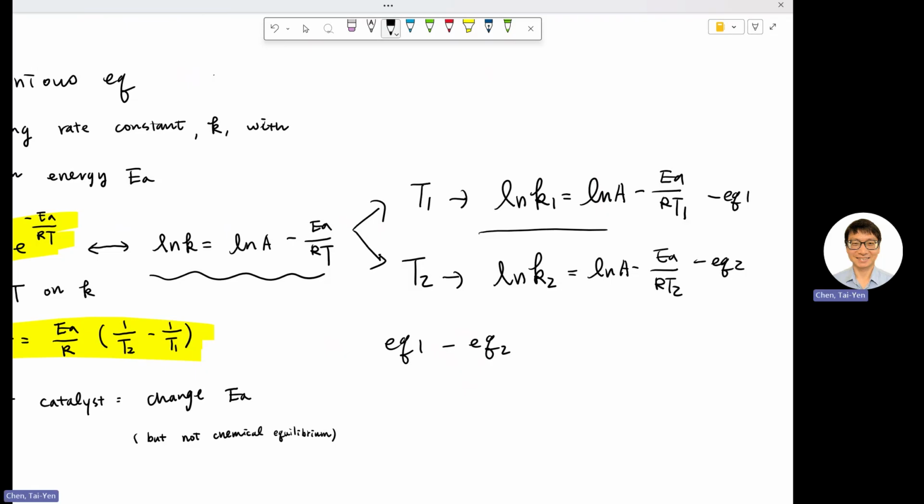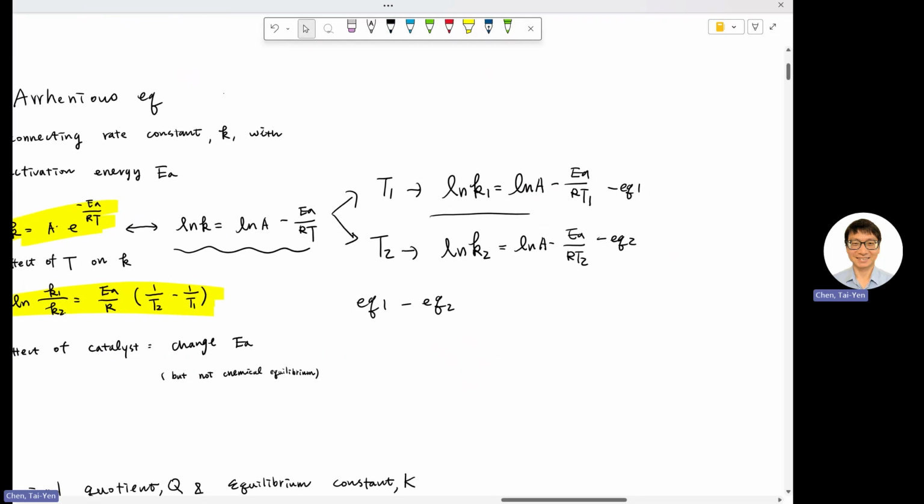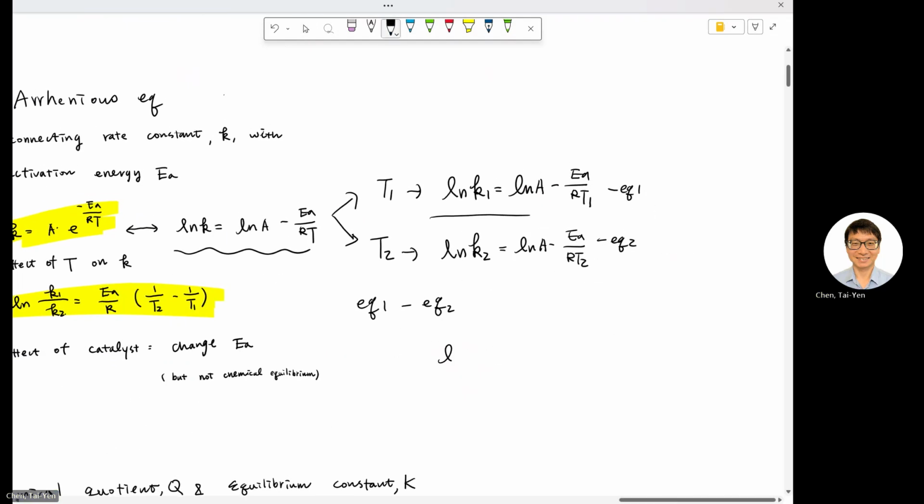If you do a subtraction, you have natural log k1 minus natural log k2. Then natural log A cancels out.